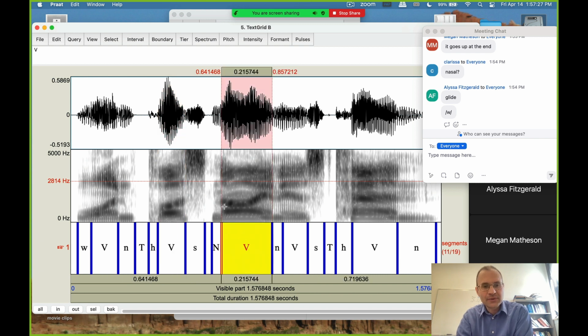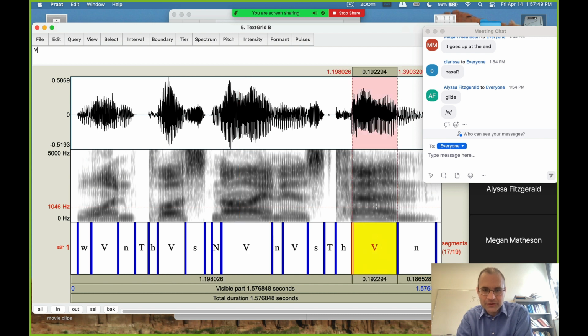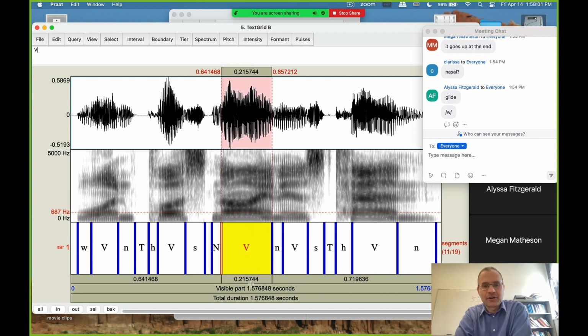So I'll give you a clue. This one is a diphthong, and you kind of see there's a little transition cue here and a little transition cue here. There's kind of one half here and then another half here. So in this middle spot, it's kind of where it wants to be. For this vowel, which is fairly long, in the middle spot it's hitting the target it's going for. The transition cues are not as dramatic, but on the edges it changes a little bit. So anybody want to make a guess about what diphthong that is in the middle?